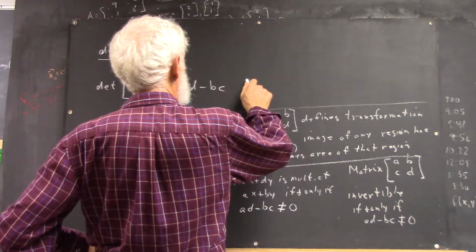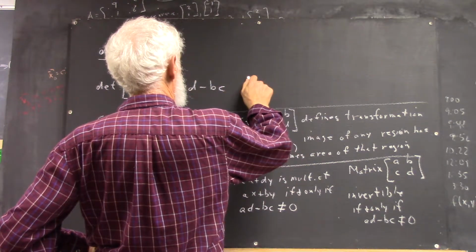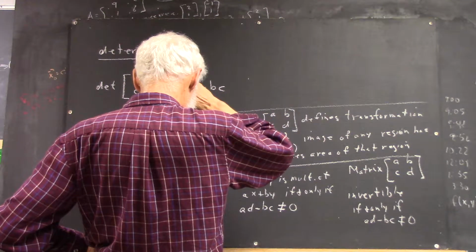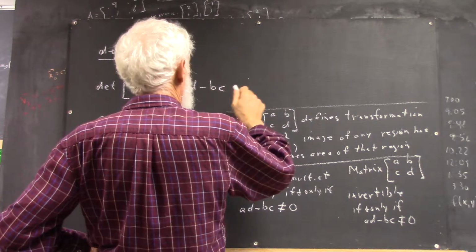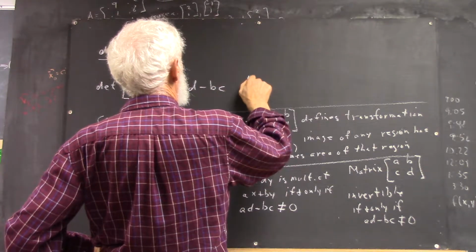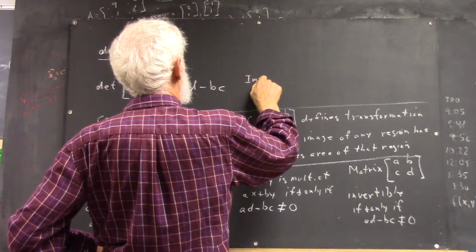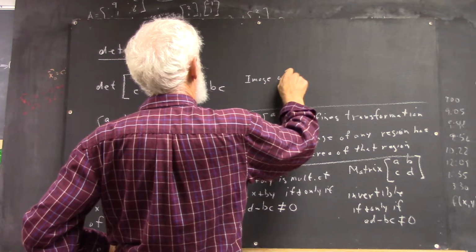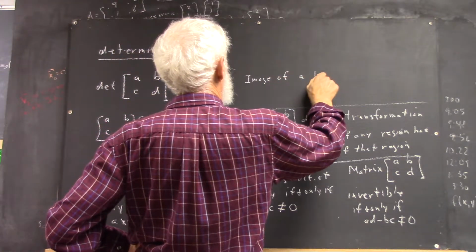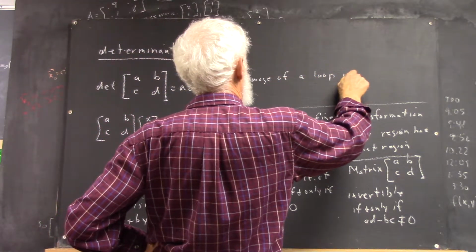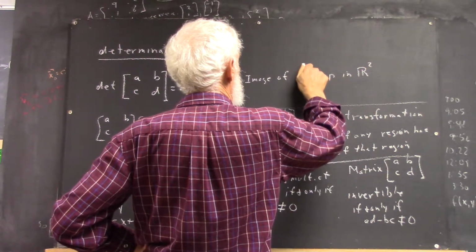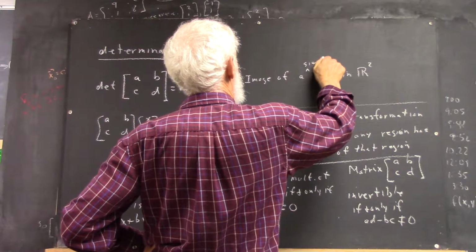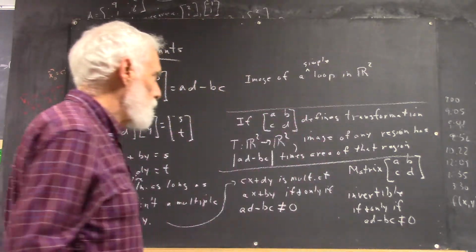And an image of a loop in R2. I'm going to call it a simple loop, and I'm going to leave that undefined.